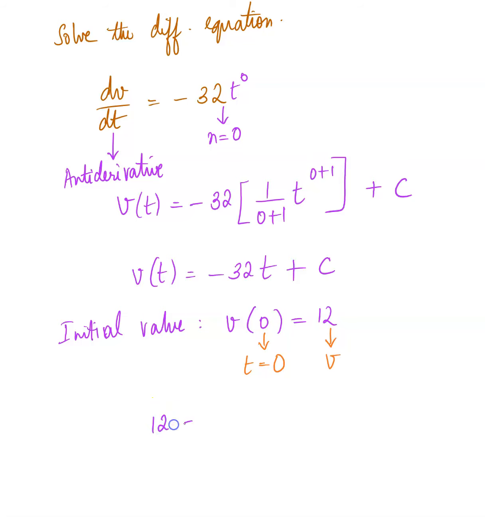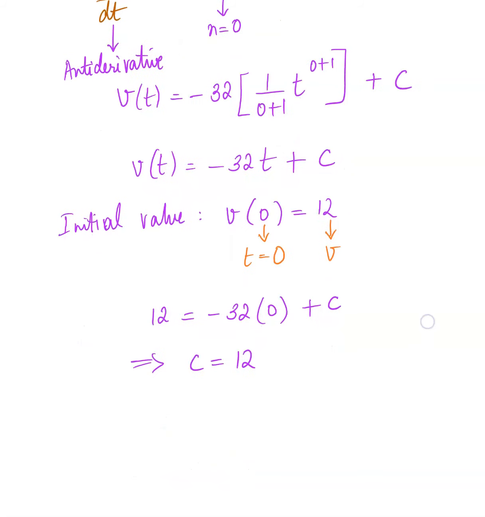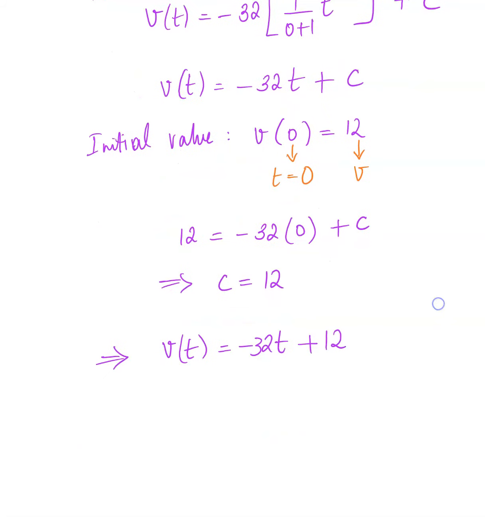So v is 12 equals negative 32 times 0 plus c. So this implies your c is 12 because that's a 0, makes it a lot easier. And this in turn implies v of t is negative 32t plus 12.